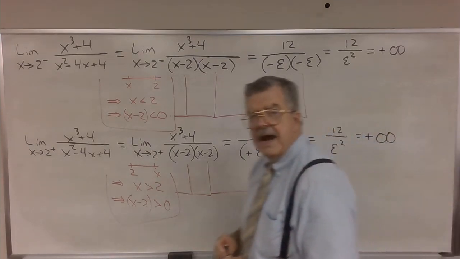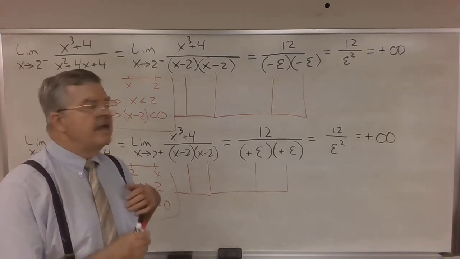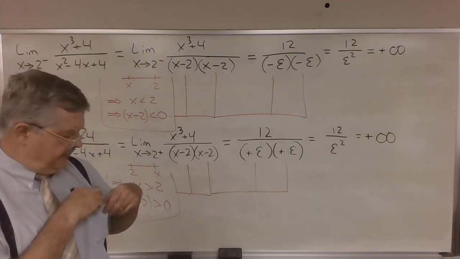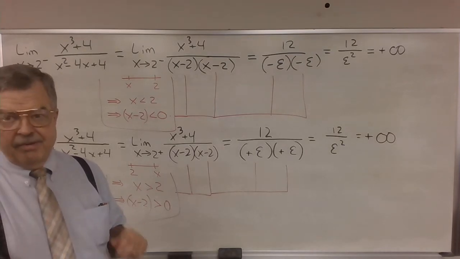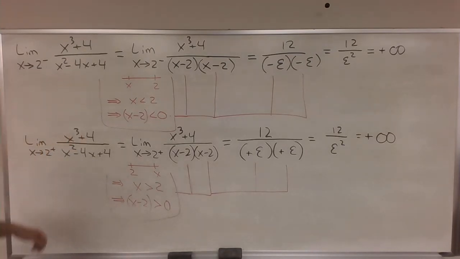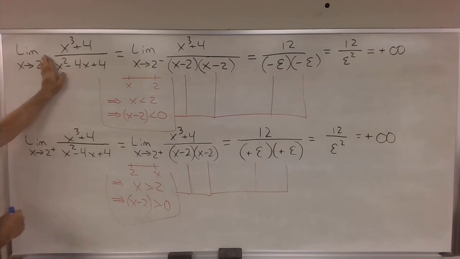Now, what do we make of all of this? It's helpful for us to remember what our goal was in the first place. We were trying to compute, quote, the limit of this function as x approaches 2 from either direction.